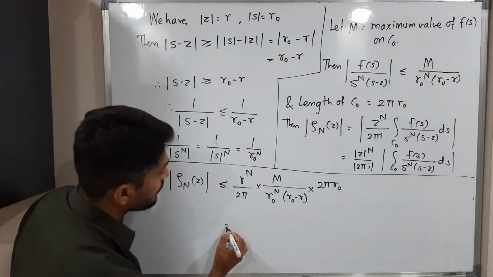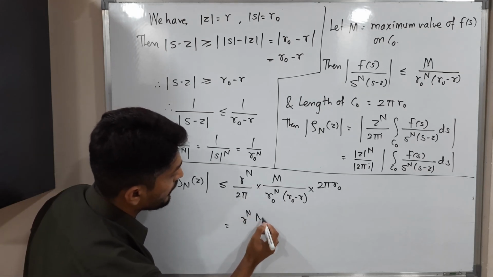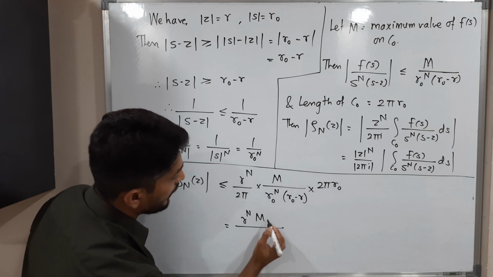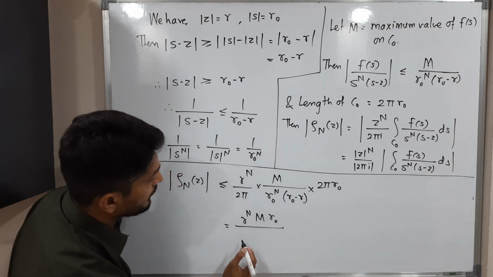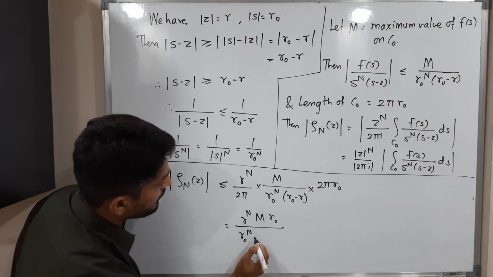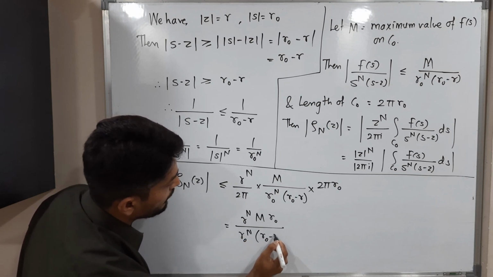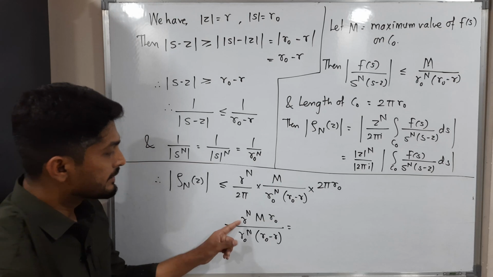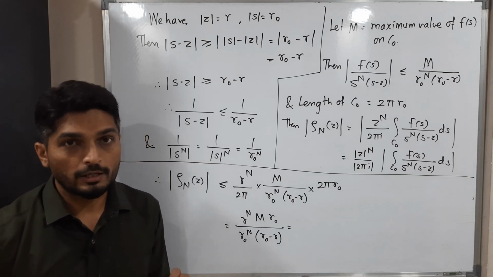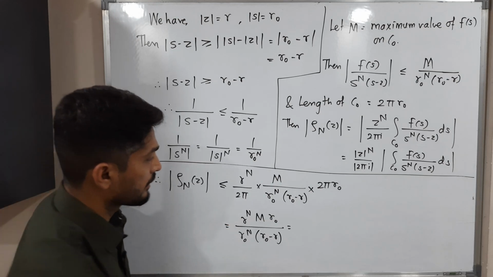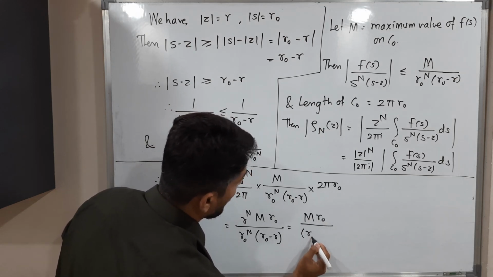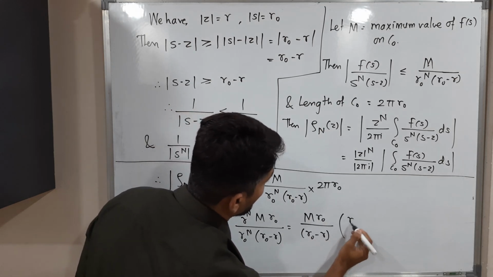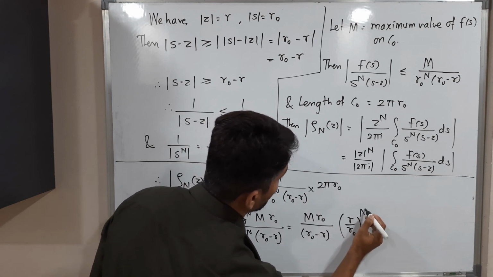So we will have r raised to n, M, and r naught, and r naught raised to n and r naught minus r. See, r raised to n and r naught raised to n, so let us write a common power n: M r naught upon r naught minus r, and r upon r naught raised to n.